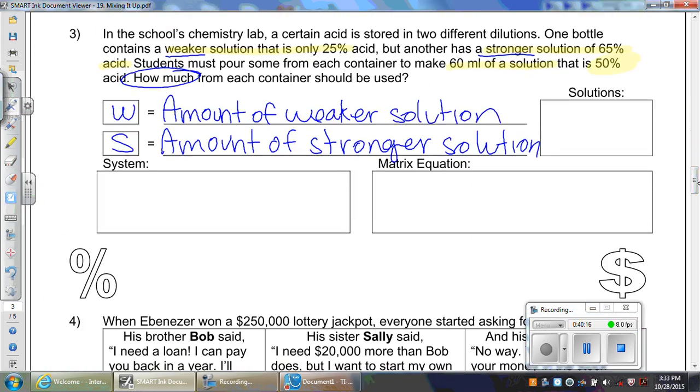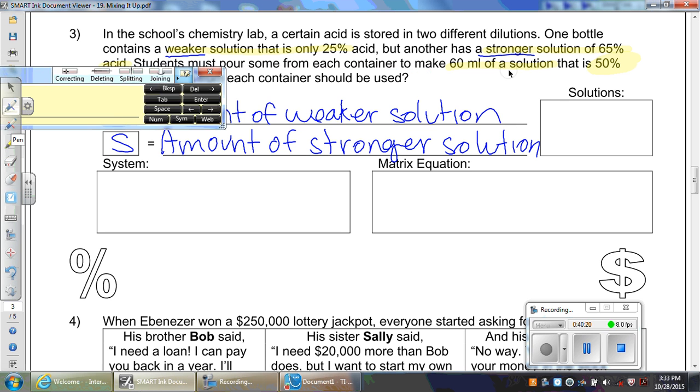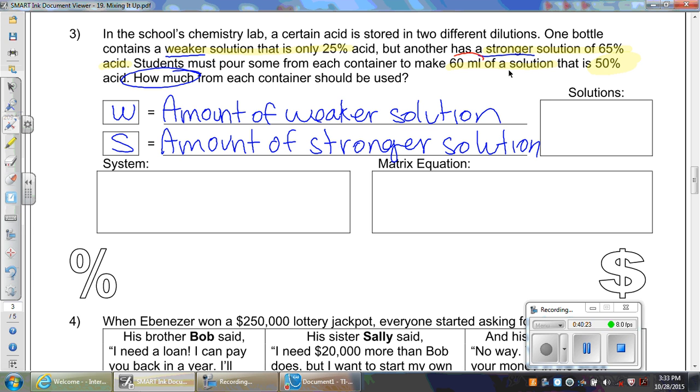Now, the total amount of liquid is going to come from here, and that is the whole thing, the acid mixed with whatever they're mixing it.